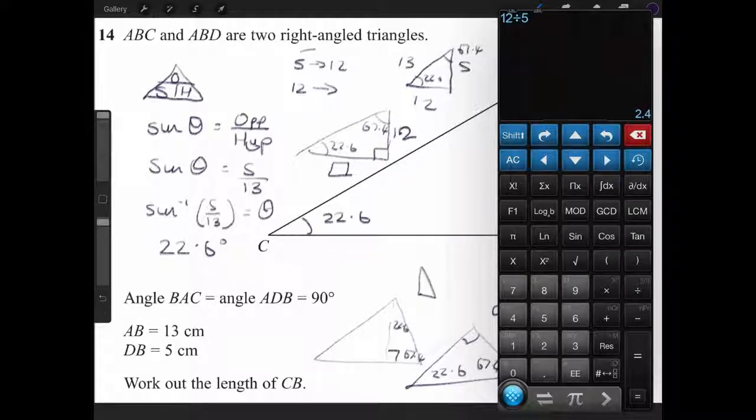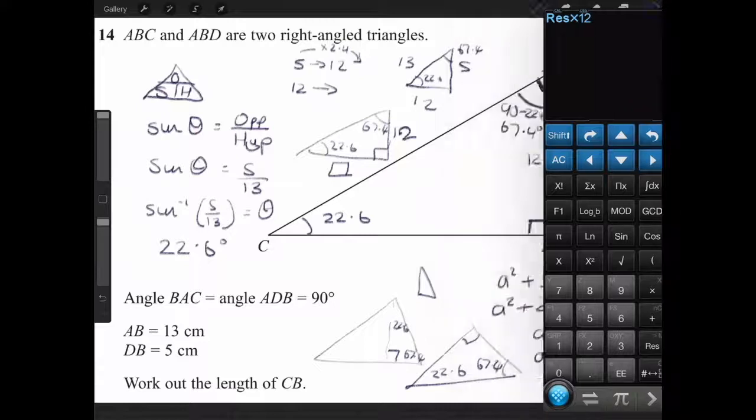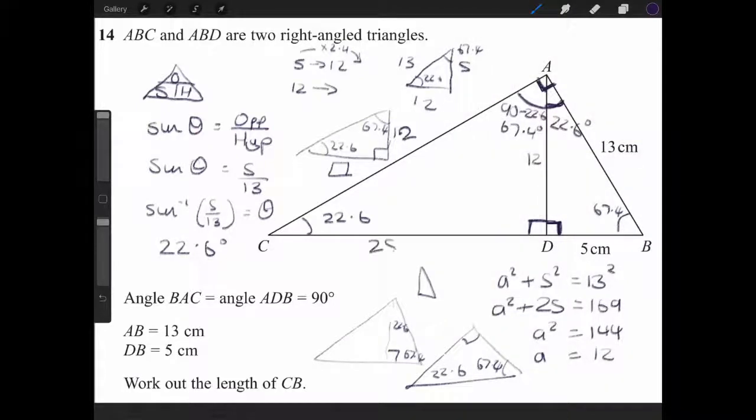So 5 times 2.4 gives me 12. So I now need to do 2.4 times 12, and that gives me 28.8. So this value here is 28.8 centimeters.